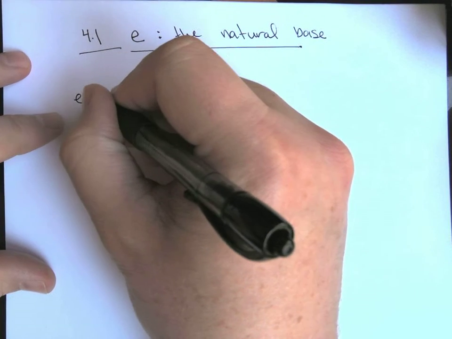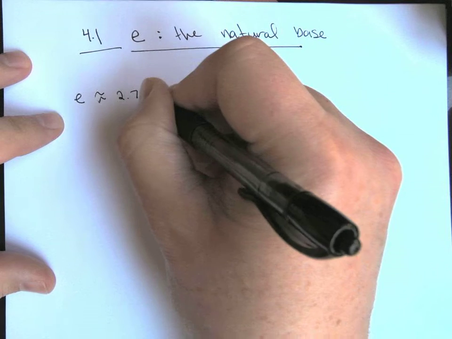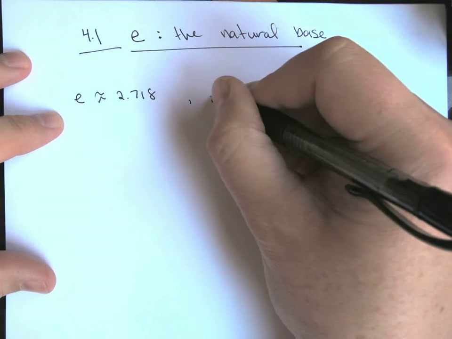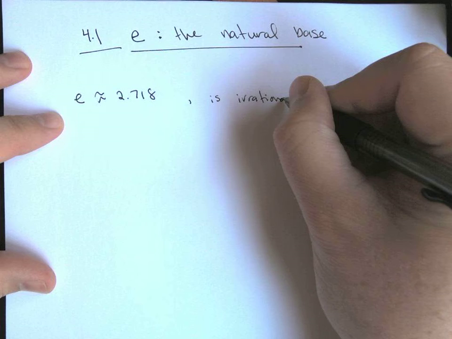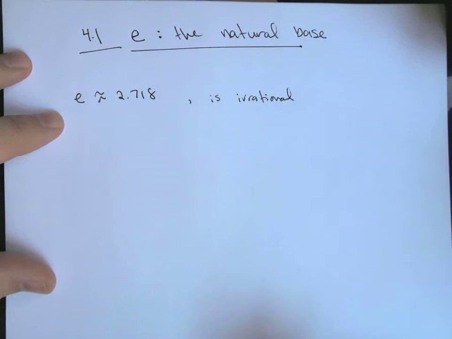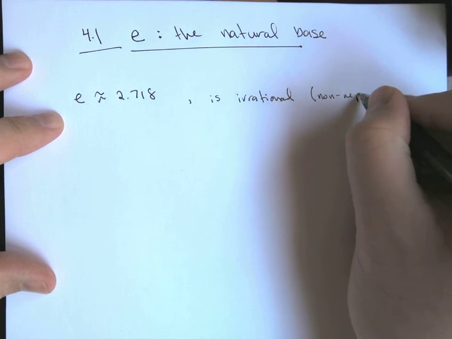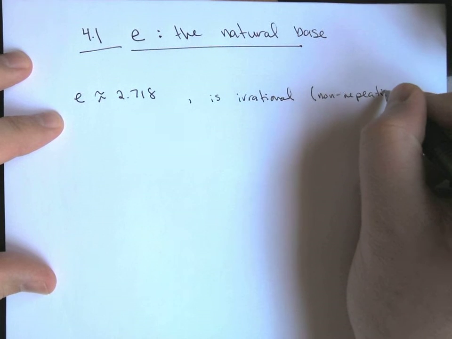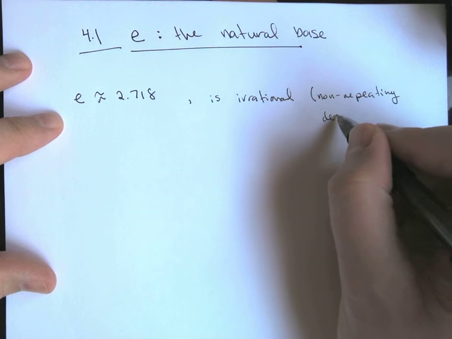So e is an irrational number. It's around 2.718. Irrational means it's a non-repeating, infinite decimal.